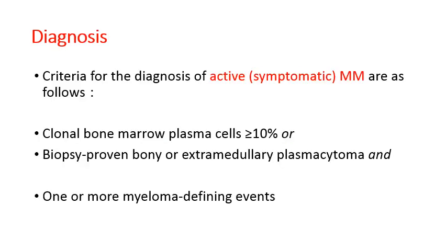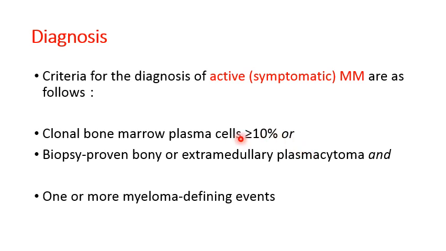So first I will discuss the criteria to diagnose active or symptomatic myeloma. For that you need one of these two features. The first one is bone marrow plasma cells of more than 10%, or biopsy-proven bony or extramedullary plasmacytoma.